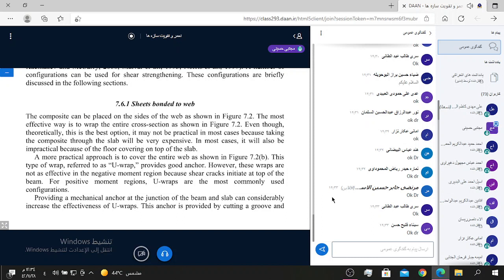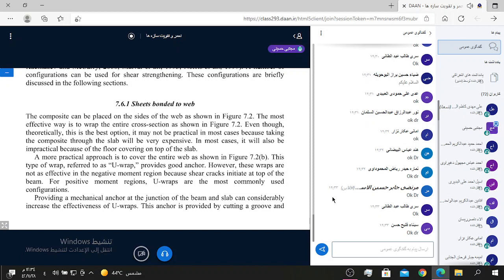Composite material can be placed on the sides of the web. Refer to the figure. The most effective way is to wrap the integral section. Again, refer to the figure.